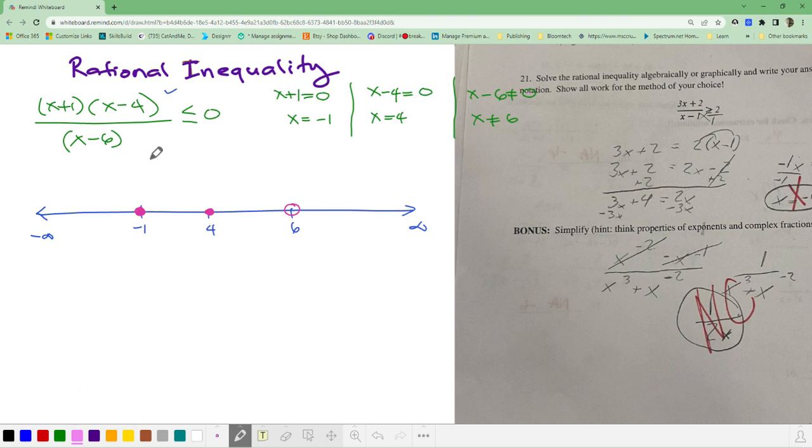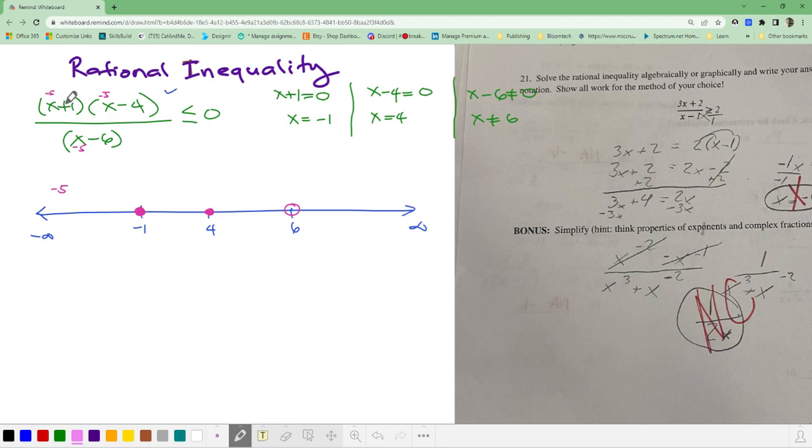Now we pick a sample number within each range. From negative infinity to negative 1, we can pick negative 5, which is representative of all numbers in that range. Substitute negative 5 into each factor. You don't need the actual value, just whether it's positive or negative.